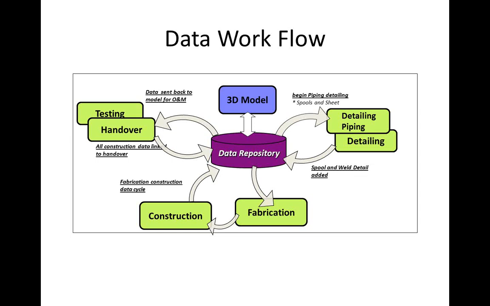And when all of the construction job is done, we should be able to send it back to the data repository so that it will be available for the handover and testing team. When we can achieve this kind of data exchange, we should be able to send the data back into the 3D model, which will be enriched with all the quality control, construction, and procurement details which were harnessed during the project construction lifecycle.